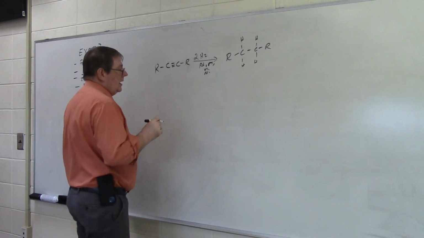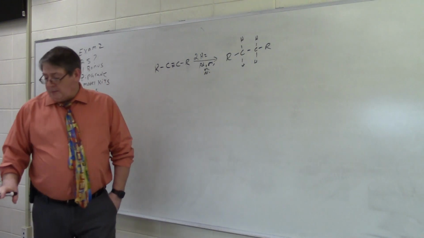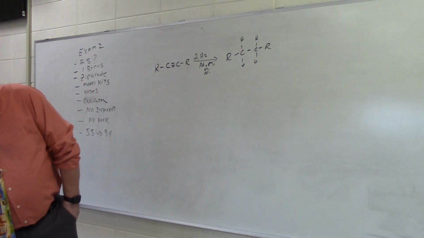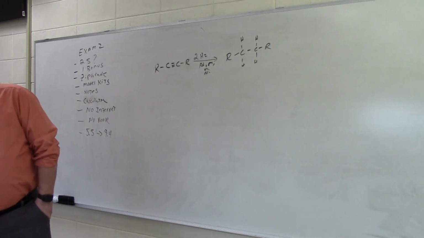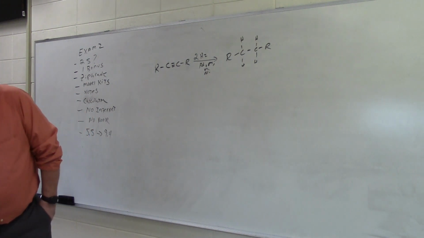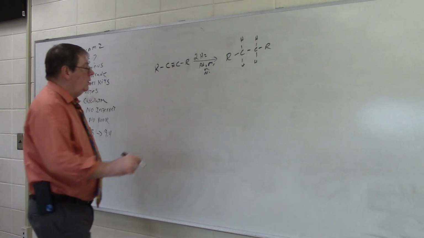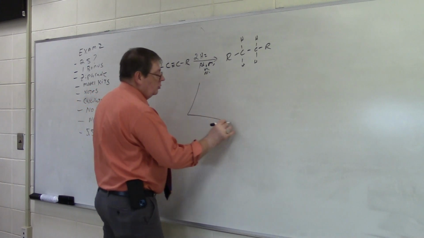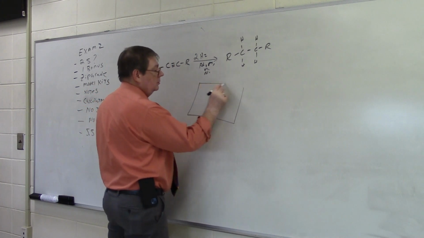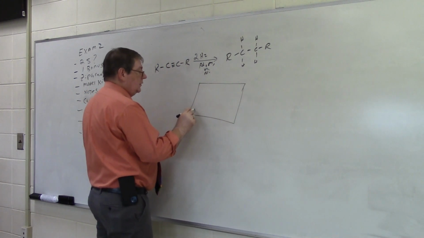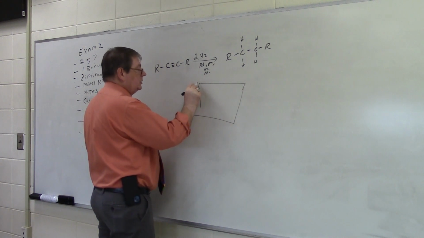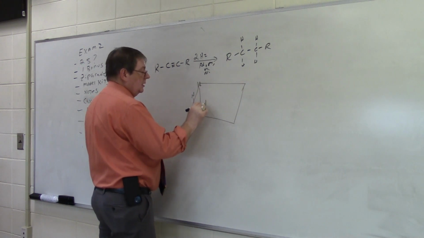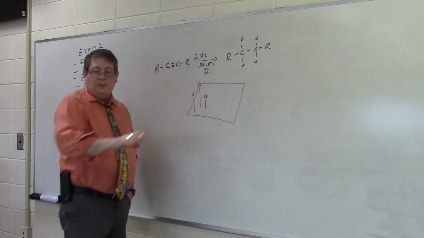Basically the way that this works, if you think about the surface of the table being the surface of the palladium catalyst, hydrogen gets absorbed onto the surface. If you imagine me drawing a surface here, on that surface hydrogen gets attached all over the place.